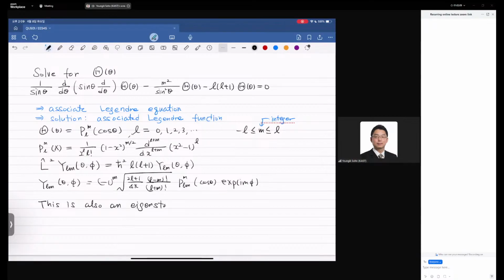It is not just an eigenstate of L squared, it is an eigenstate of L_Z. So you apply L_Z to Y_LM theta phi, and you can easily see it, because phi only appears at the very end, and the other parts are treated as a constant for phi, and then you get this.